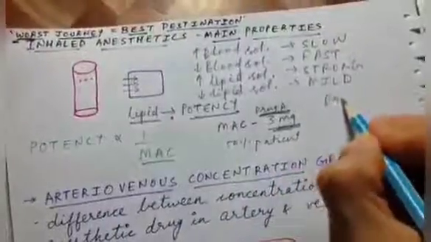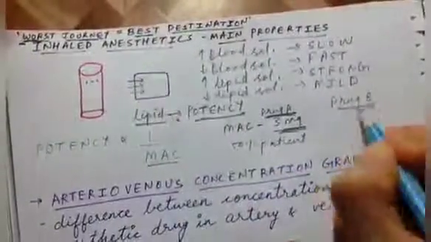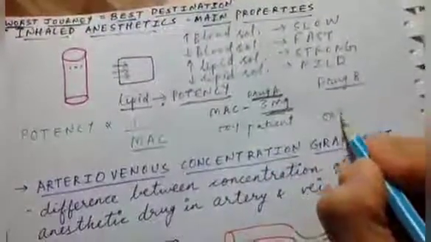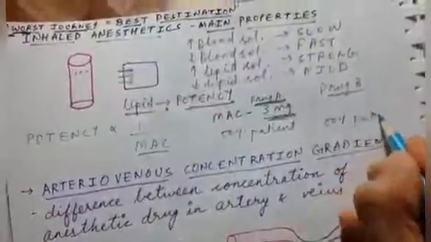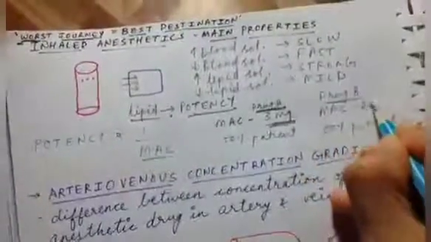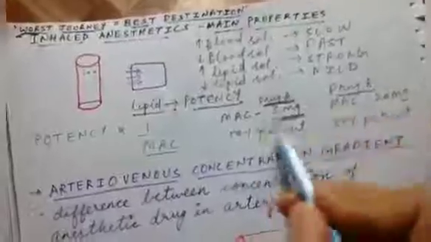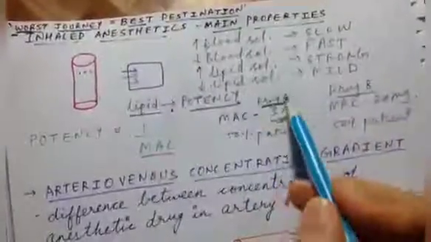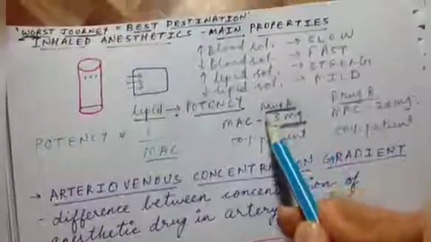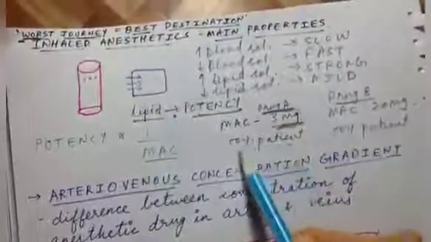Now let's say another drug is drug B. If drug B wants to produce its effect in 50% of patients, it requires, let's say, a concentration of 20 milligram. So which drug is more potent? I think drug A is more potent. Even with a very small concentration, it is producing the same effect.